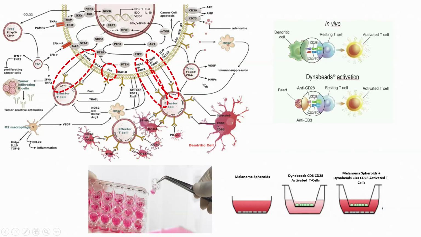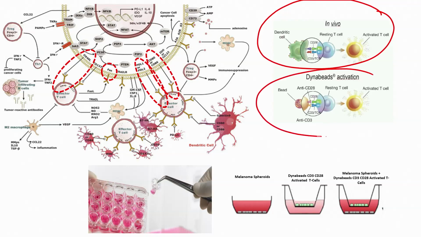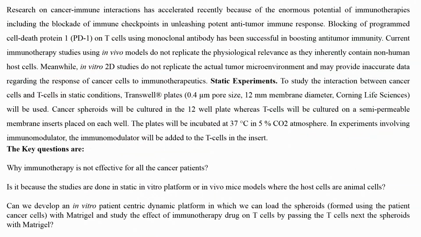We are assuming that CD4 CD8 concentration will be different. We have seen how the T cells are activated from the resting state in case of in vivo, and how dynamics could activate the T cell from its resting state. We have seen this is called transwell, right. Now, let us see.